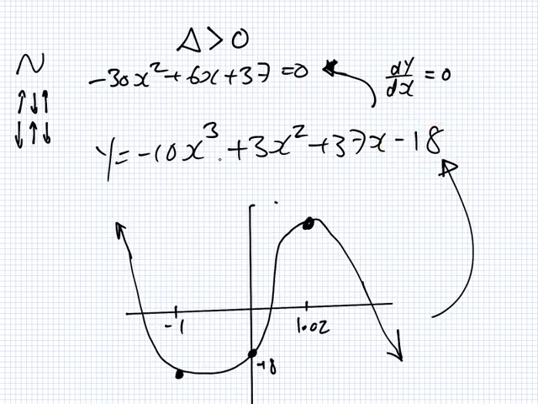How many roots does this have? 3. So it has 3 roots. If both turning points were above the axis, how many roots would it have?